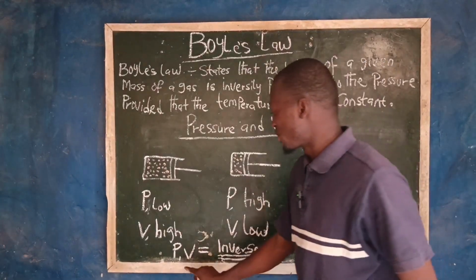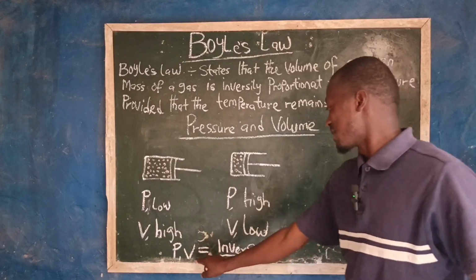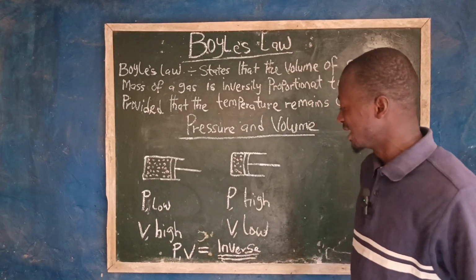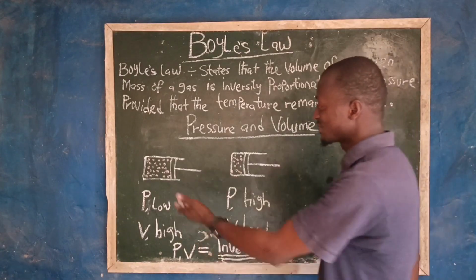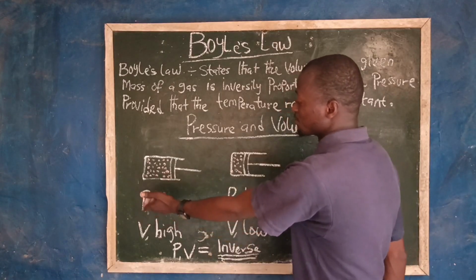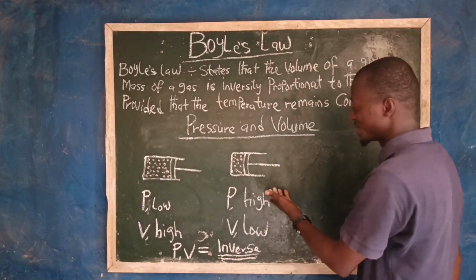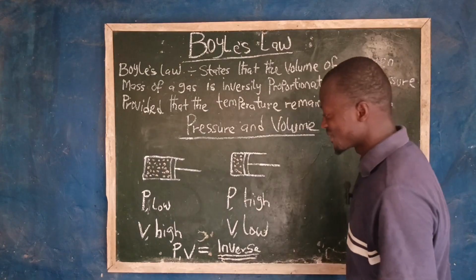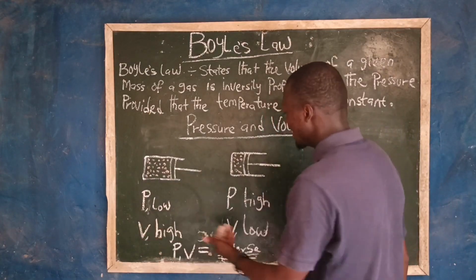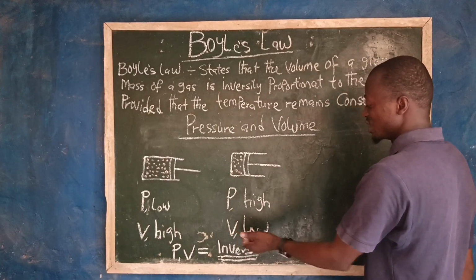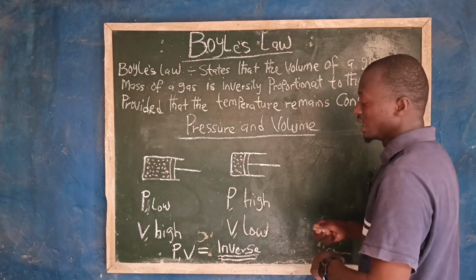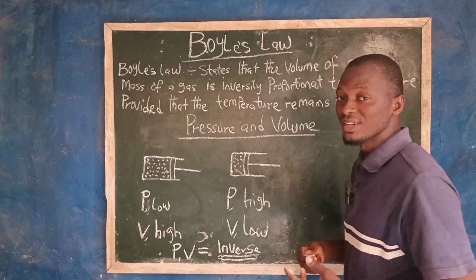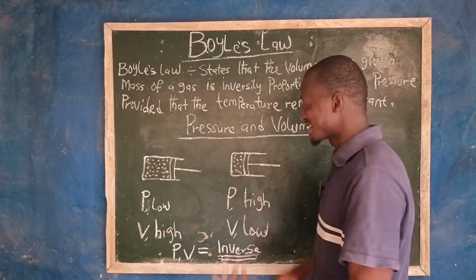That is the reason why we call it P times V equals inverse: from the first diagram, our pressure is low, then in the second the pressure is high. That is the relationship between pressure and volume. Then our V is high, and the next V is low because it doesn't have a lot of space to circulate inside the container.